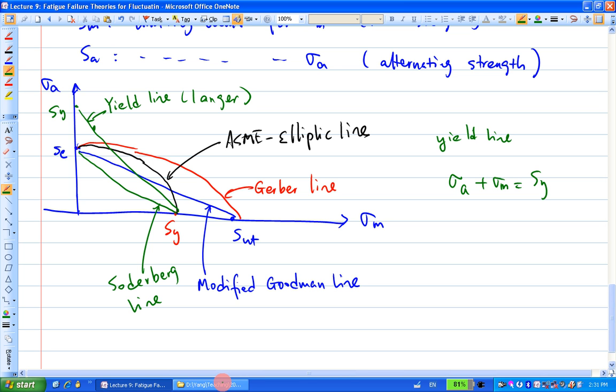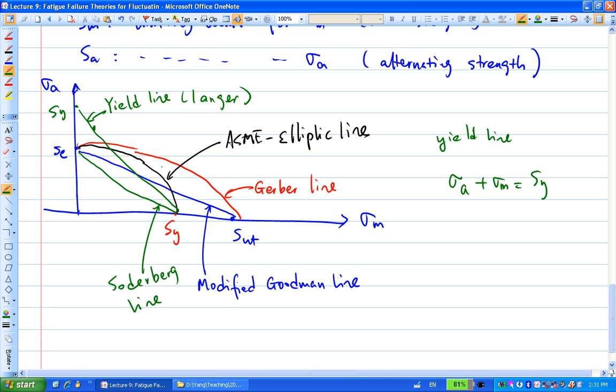In terms of the line equation for each one of them, in the handout, can I have a handout? Any additional? In your handout, the second part, when you set the safety factor equal to 1, this is basically the line equation.